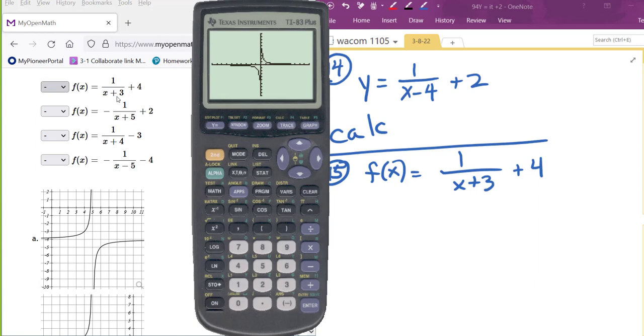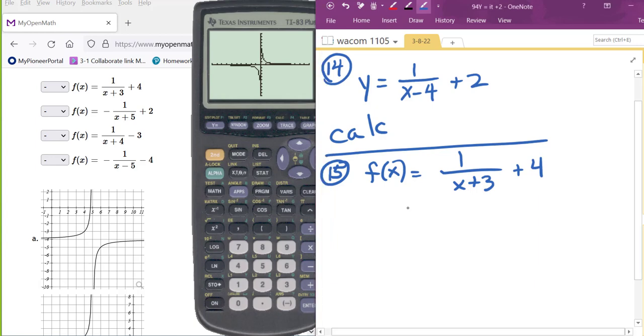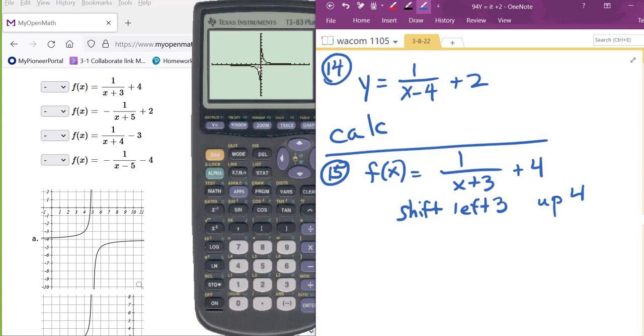So this is going to shift to the left 3. And your +4 at the end is going to make it go up 4. So this standard one, it's going to shift left 3 and up 4.